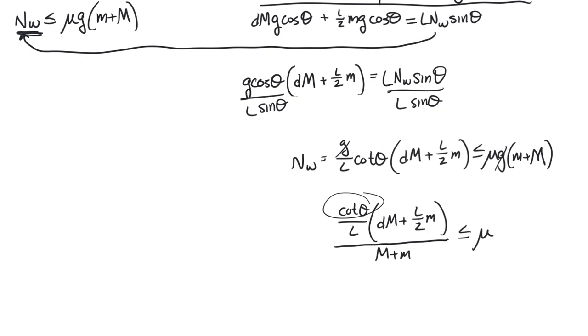So it decreases, right? So as the angle gets smaller, it takes less friction. Does that make sense? I don't think so. But cotangent's kind of funky that way. Look at the way the cotangent curve looks.